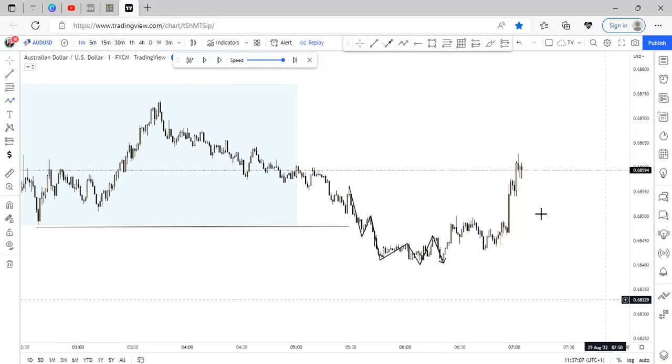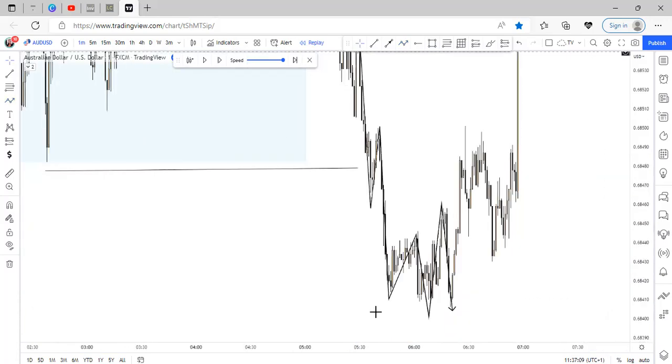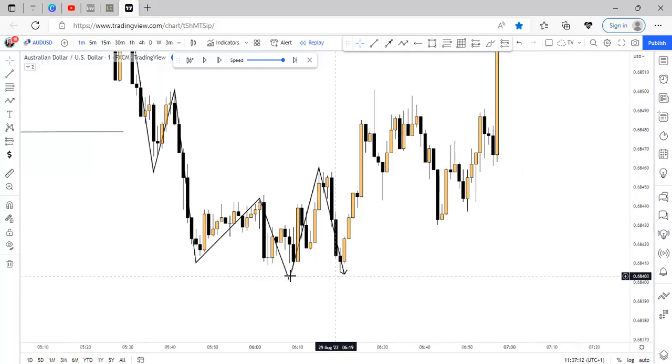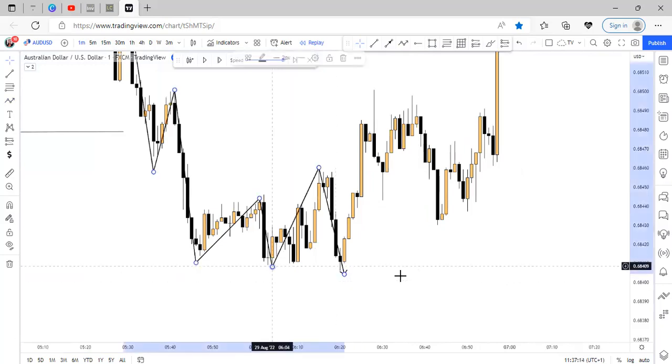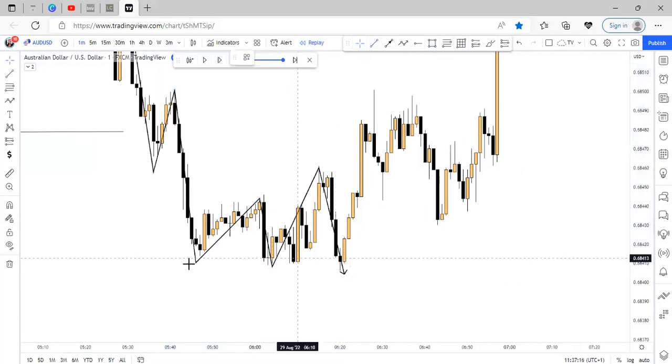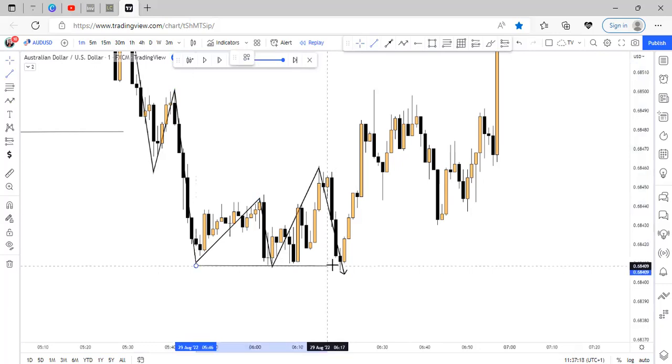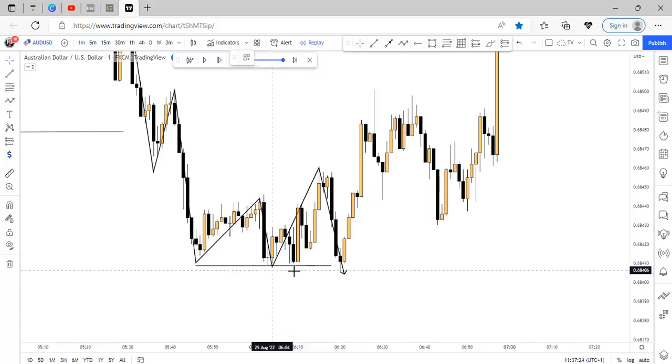Okay, so now looking at the structure, this is the last low, and this low, as you can see, cleared out this sort of support that we have right here. Okay, so at this particular level, this week cleared out liquidity of this support zone right here.